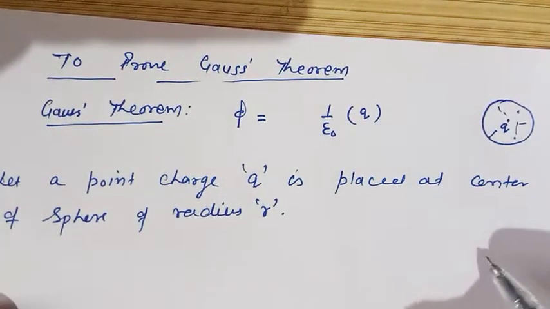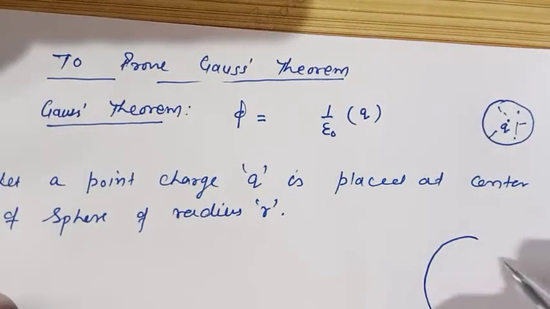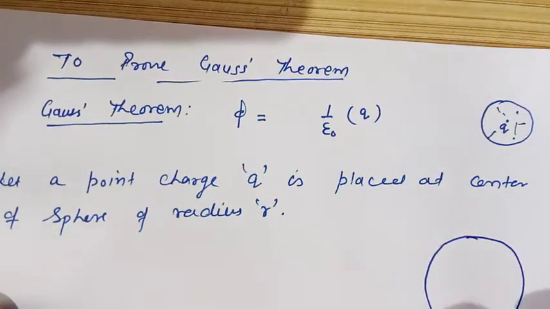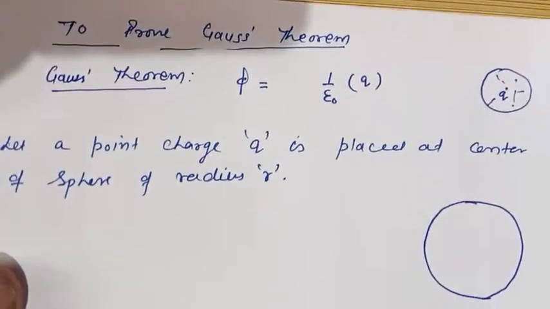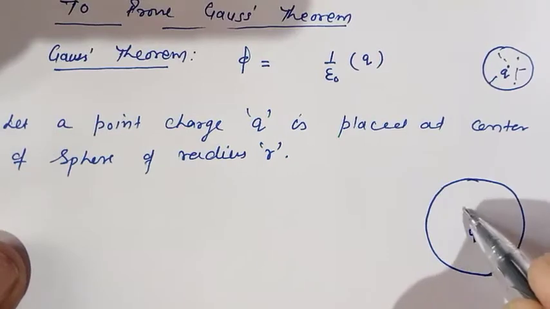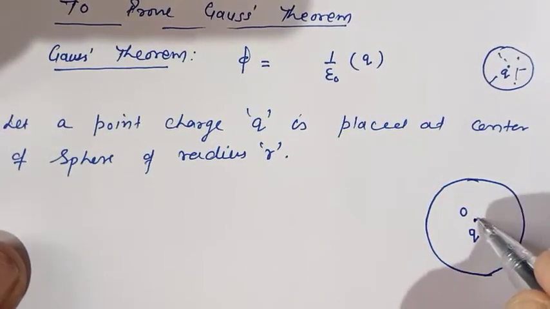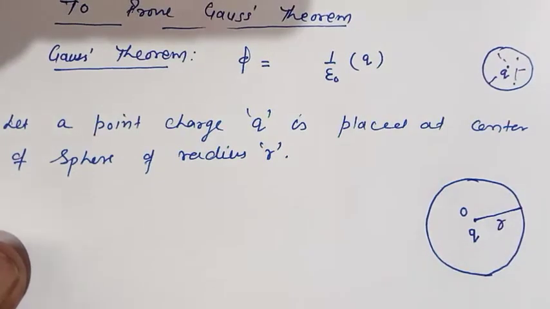So you can take it like this one. Let this be a sphere and the charge is lying at its center O, and you know the radius of the sphere is r.